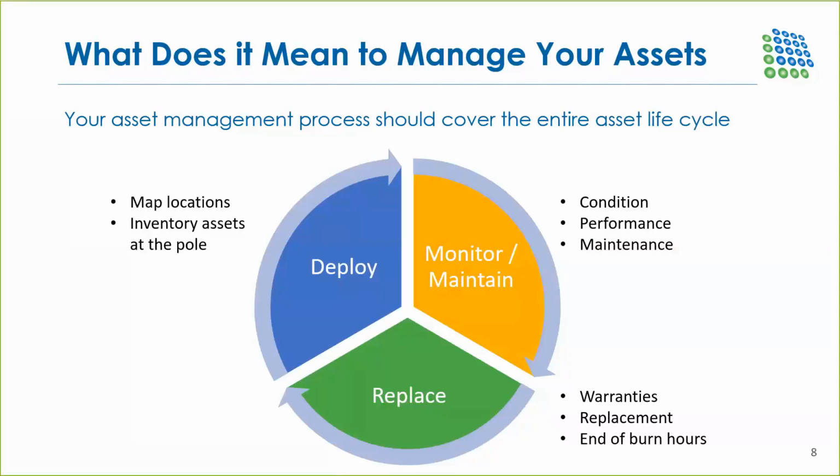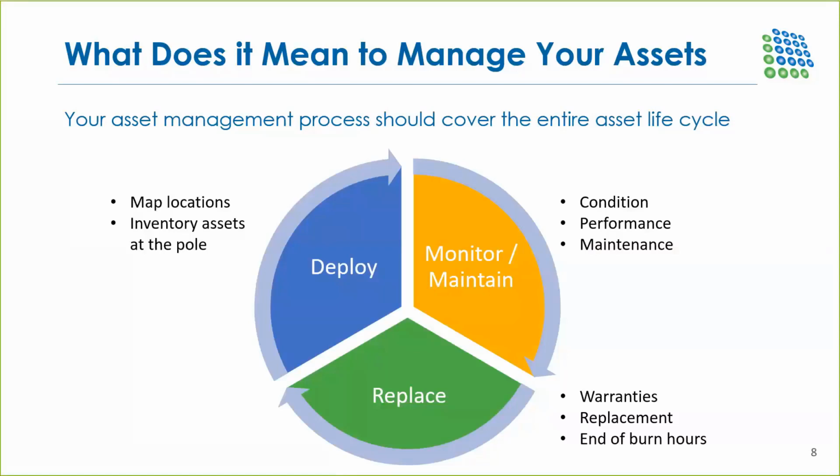Once the assets are deployed, you're into the monitor and maintain phase. There you want to keep track of the condition of the asset. So again, is the light on or off? Is it reaching the end of life? Is it performing as you expect?